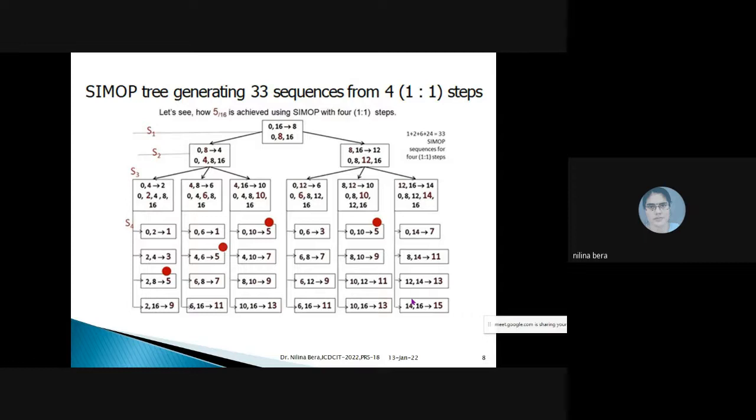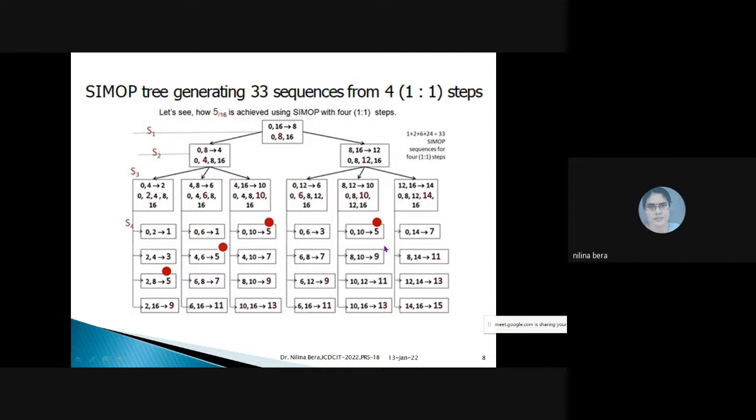Now I am going to compare all the sequences to find the optimal buffer and sample usage, the waste generation, and also the steps. In this particular tree I am getting the fraction 5 by 16 in 4 different ways.